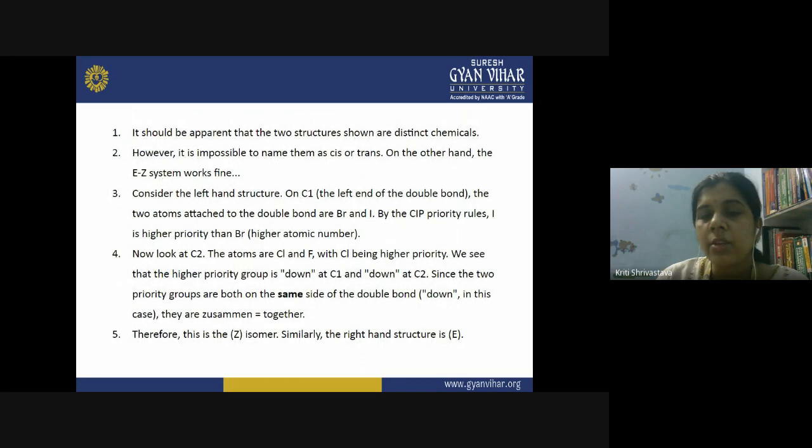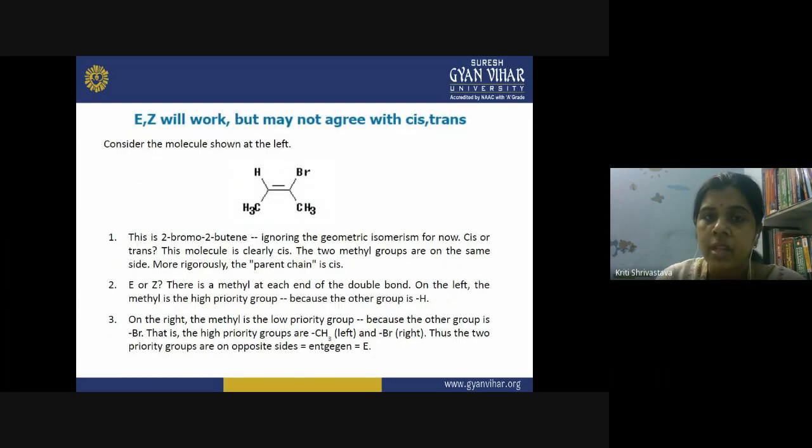So in this manner, you can name the isomers according to their structure as the E and Z isomers. This E and Z will work, but it may not agree with cis and trans, so sometimes you get confused. Like in this structure, you can see we have two methyl groups on the same side, and you will say what? This is cis or trans. You will call it a cis molecule because two methyl groups are present on the same side.